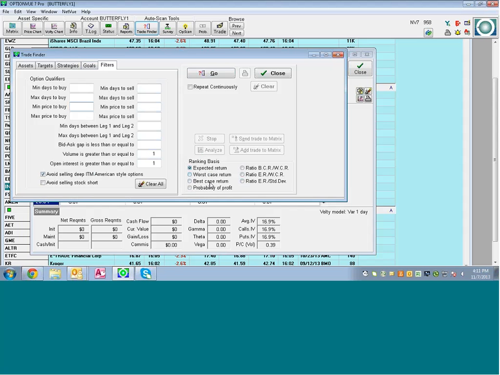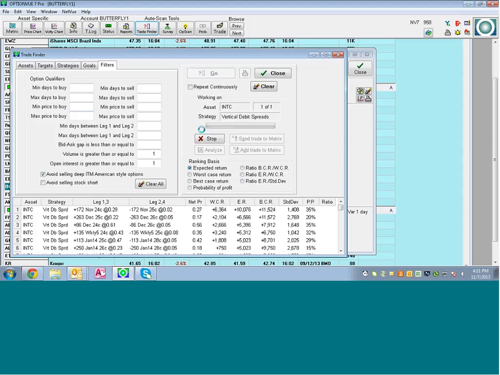You can do worst case return, or the best case return if you're very optimistic, the probability that you'll get profit in percentage terms, and then some ratios: best case return to worst case return, expected return to the worst case return, and expected return to the standard deviation. So for now, we'll just use this.